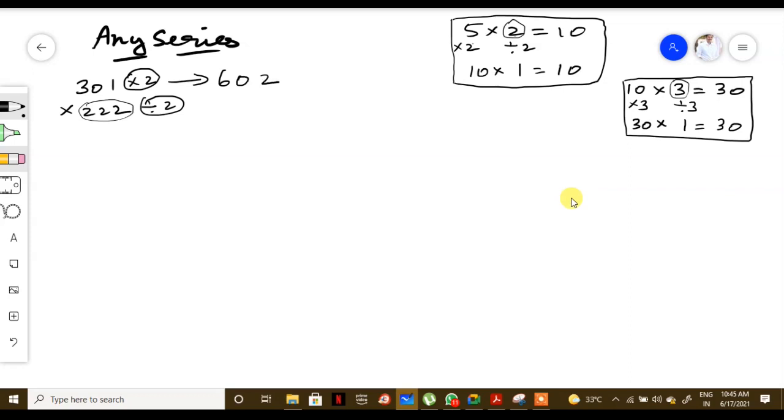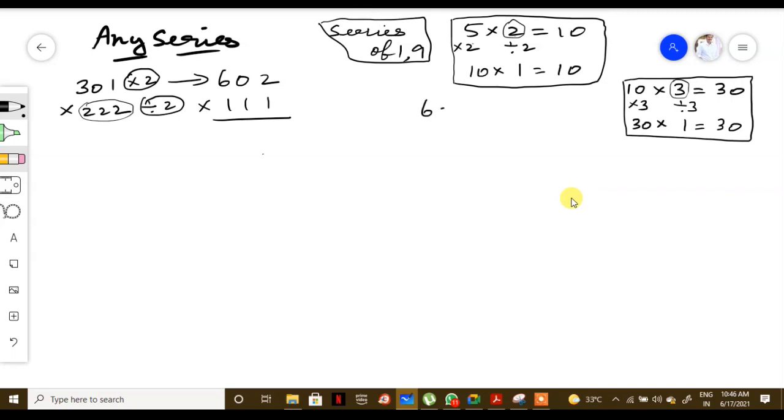So it is 602 into triple 2 divided by 2, which is triple 1, right? If you are getting the answer for this sum, then the same answer will be for this sum, correct? So for any series of numbers, we can use this series of 1 and series of 9, correct? So what we got here is 602 into triple 1.